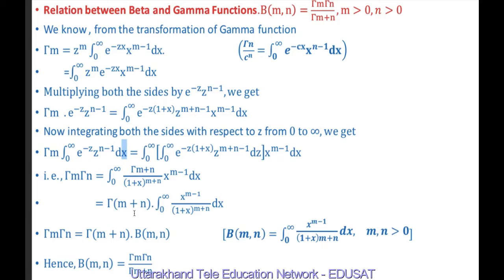So it is gamma m plus n times the integral from 0 to infinity of x raised to power m minus 1 upon 1 plus x raised to power m plus n dx. And this term is nothing but beta function. This we have proved in the previous lecture. So gamma m, gamma n is equal to gamma m plus n beta m n. Hence beta m n is equal to gamma m, gamma n upon gamma m plus n.